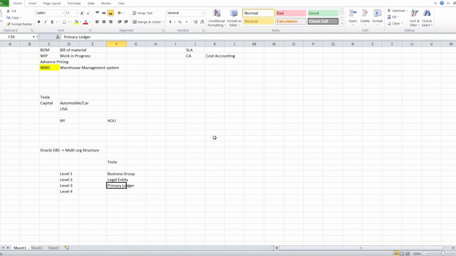Now let me explain more briefly what I mean by a transaction. In the financial world, something will be debit, something will be credit. If you have a pen and you want to sell it for $5 and I want to buy that pen, then I give you that $5 and you give me the pen.